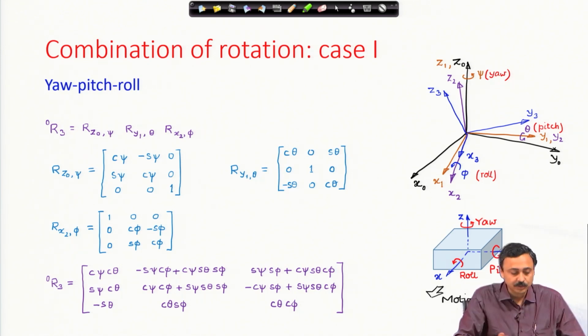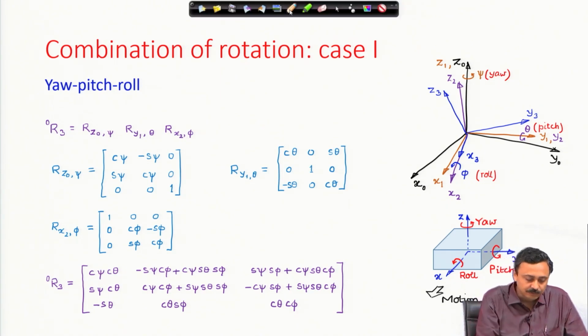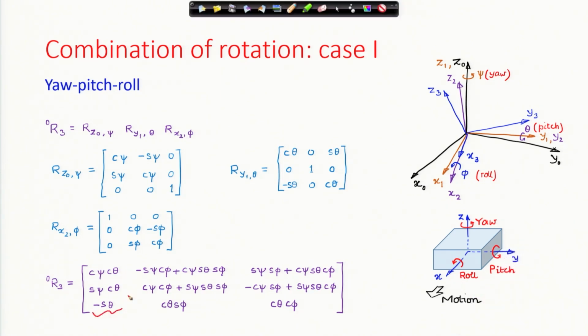Because the first column of this rotation matrix represents x 3 in x 0 y 0 z 0. The second column represents y 3 in x 0 y 0 z 0. The third column represents z 3 in x 0 y 0 z 0.